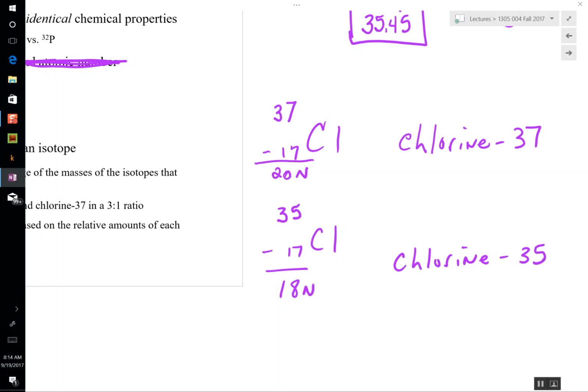We're talking about a particular isotope. We don't have to include the atomic number in this name because, why? From the periodic table, the atomic number is obvious, 17. But the mass number is not obvious if I'm talking about a particular isotope. So chlorine has two different isotopes.